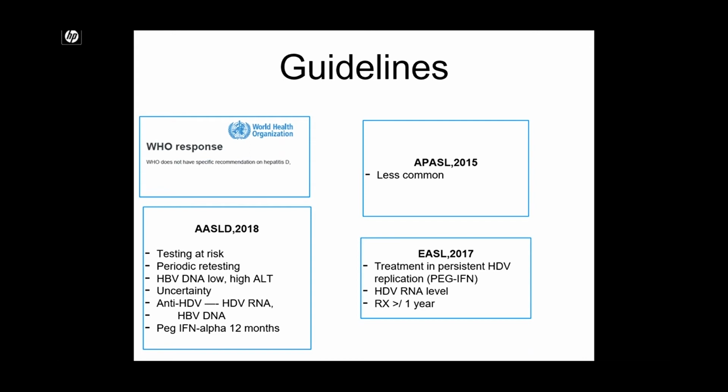When looking at the WHO on hepatitis D, it covers how we can prevent, treat, and everything. When I go down to the WHO response, it says WHO does not have a specific recommendation on hepatitis D. I don't want to be too strong here, but if you are considering elimination, we need to strengthen care of hepatitis D virus.